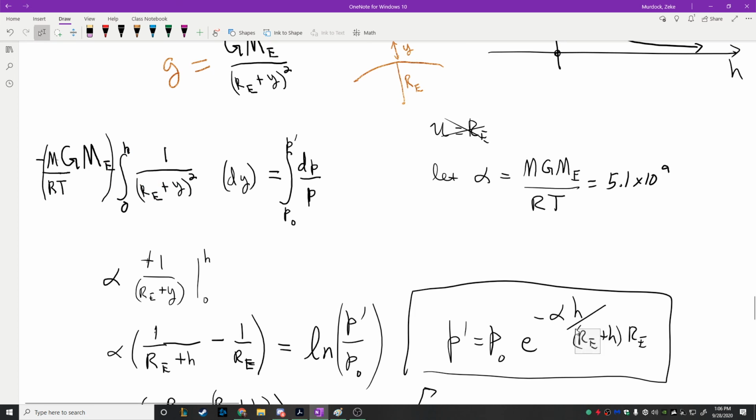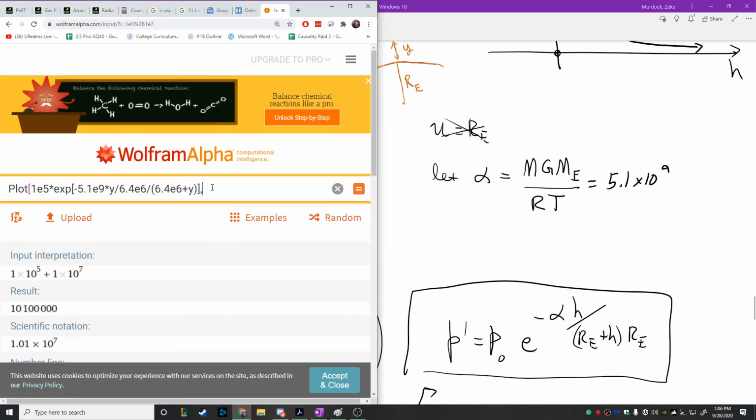Because this is going to be on the order of millions, while this is going to be on the order of thousands. But so we're only going to plot this from y equal to 0 to... What's the top of the... It's like 30 kilometers to the top of the atmosphere, right? So let's go up to the top of the atmosphere. We'll go to 30,000. I think that number is correct.